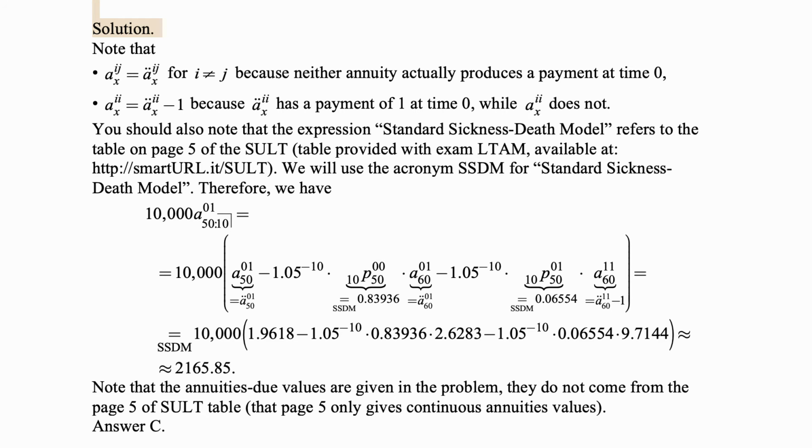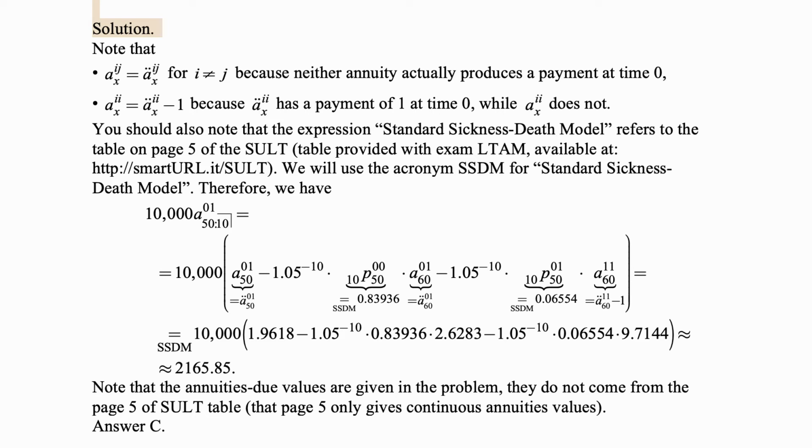And here's a solution. So note that a_x^{ij} is equal to ä_x^{ij} for i not equal to j, because neither annuity actually produces a payment at time 0. And a_x^{ii} is equal to ä_x^{ii} minus 1, because ä_x^{ii} has a payment of 1 at time 0, while a_x^{ii} does not.